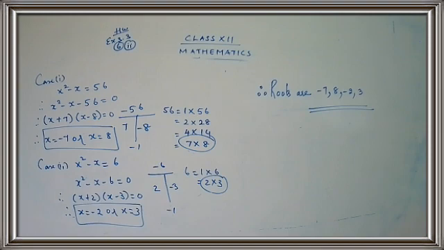So what are the roots we have got there? Minus 7, 8, minus 2, 3. Okay, children. So these are the roots for the given equation. So we have solved the sum. It was a lengthier sum. Yes, children, it was a lengthier sum.